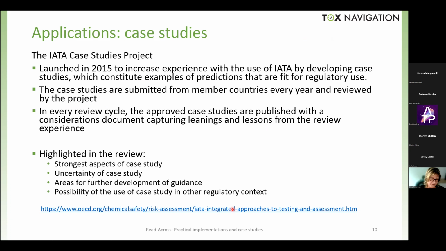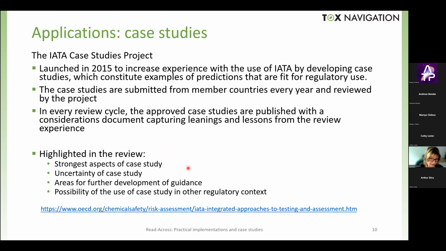This team of experts reviews these case studies, and then they highlight the strongest aspects of the case study and the uncertainty. They learn which are the areas for further development of the guidance.